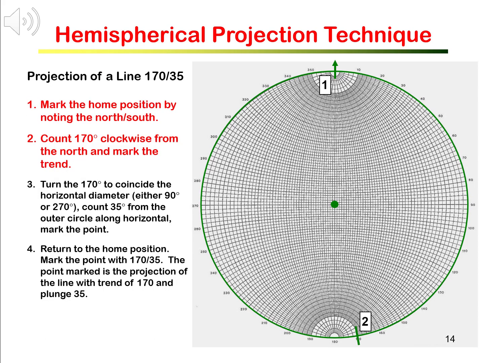Let us learn the projection method and techniques through practice. We will first do the projection of a line with a trend of 170 and a plunge of 35.